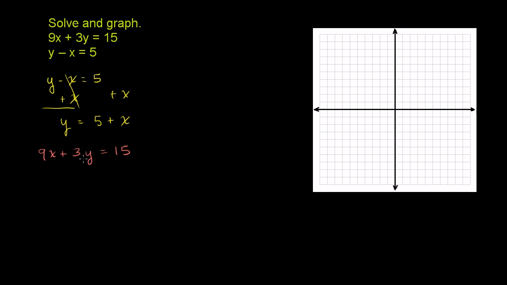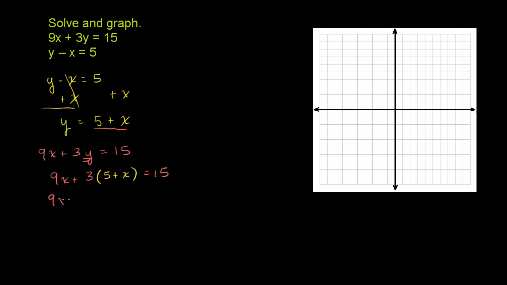So this 9x plus 3y equals 15 becomes 9x plus 3 times y. The other equation says y is 5 plus x, so we're going to put 5 plus x there instead of a y. 3 times 5 plus x is equal to 15. And now we can just solve for x.